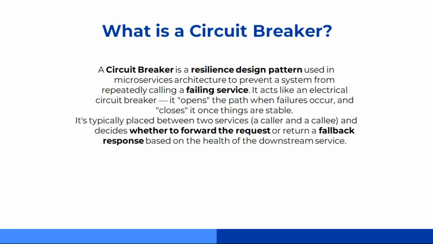It notices the restaurant isn't responding, so it stops sending more requests for a while and instead shows you a clear message, restaurant temporarily unavailable. When the restaurant is back online, requests will continue as normal. So this is how the basic idea works. From here, let's see it in a more real-world case.